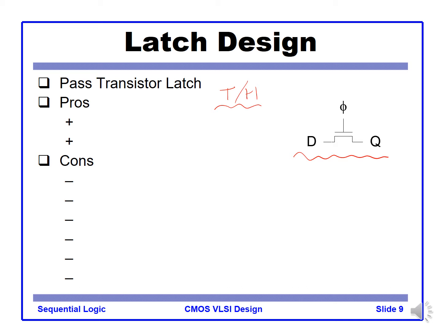For clock high, the switch is on, and data passes to the Q. When the clock is off, the switch is off. If there is a parasitic capacitor there, we may hold the output using the parasitic. It can be like a dynamic logic. But this kind of implementation has pros and cons, advantages and disadvantages.